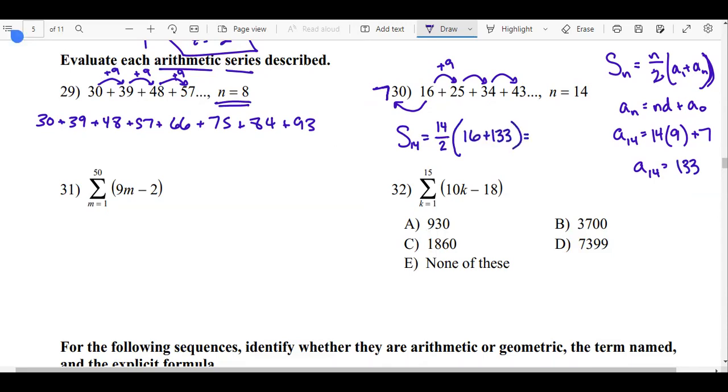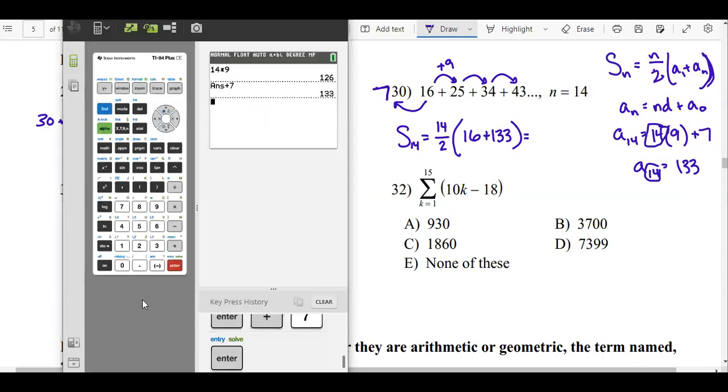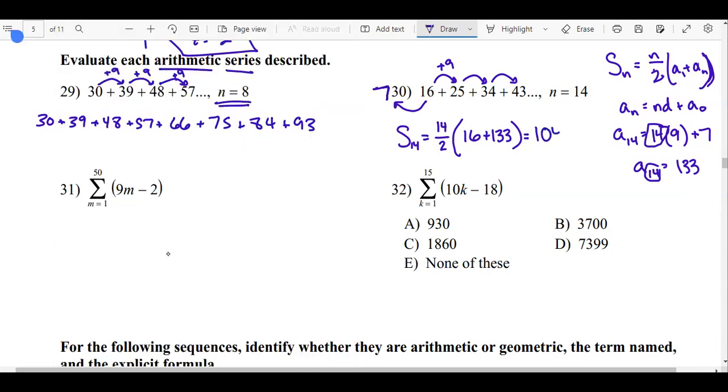I don't plug in 14 anywhere except over here for the n values so that I can find out what term 14 would be in that list. So we do 133 plus 16 times 14 over 2, also known as 7, and this is 1043.